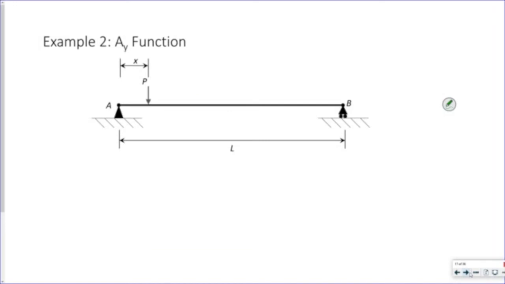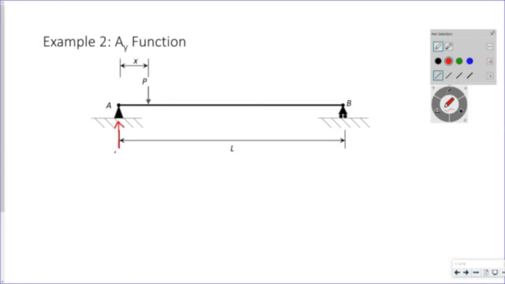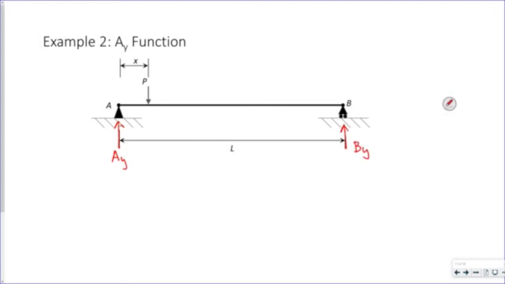So let's look at AY. Those are my reactions, AY and BY.